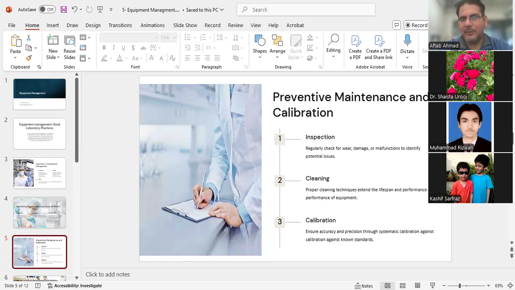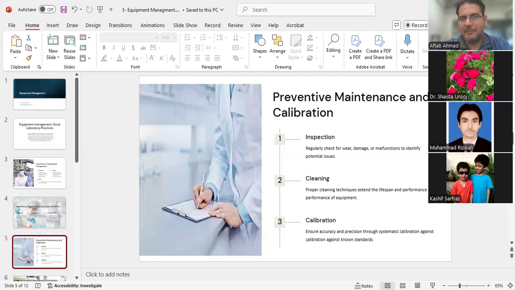So inspection is very important, then cleaning is important, and after cleaning there could be change in the results. Like, in cleaning, you might be using, for example, ethanol, or some other liquid, and it has gone inside the equipment and it is not giving the proper results.